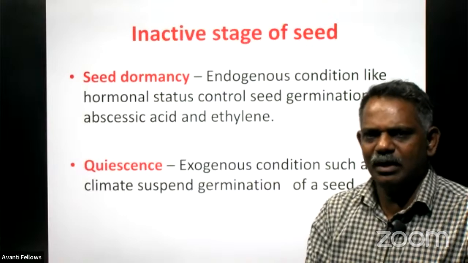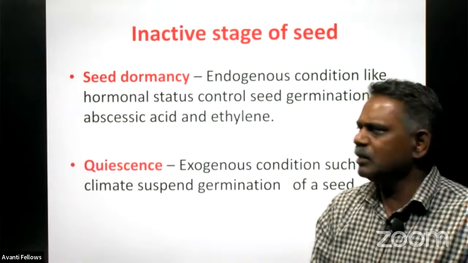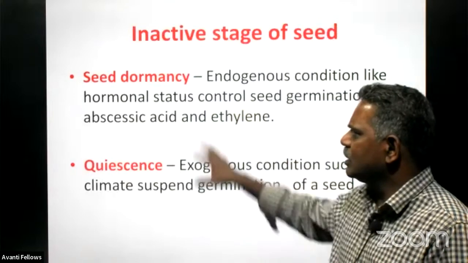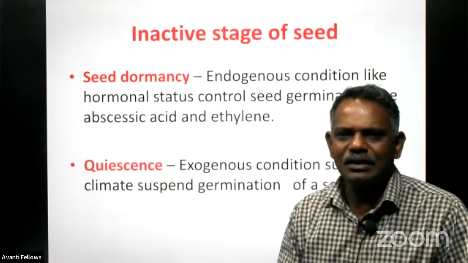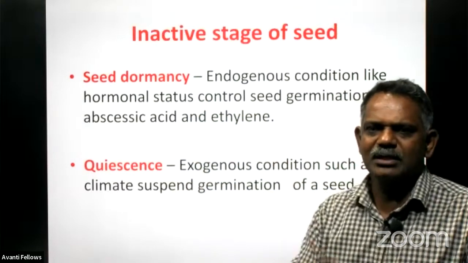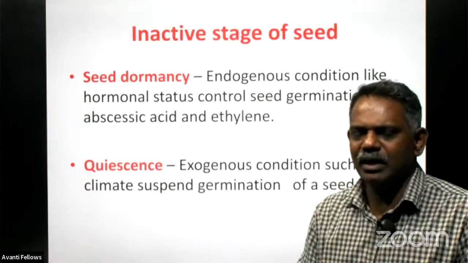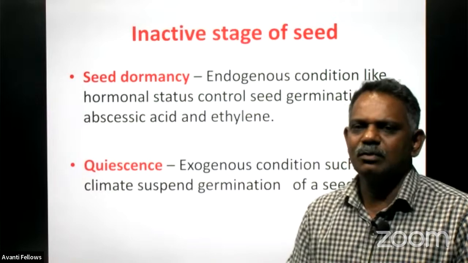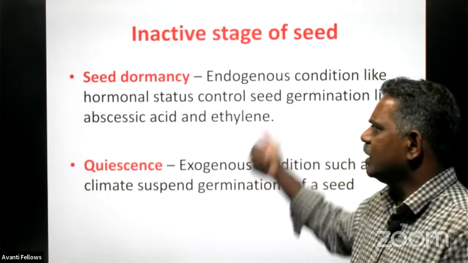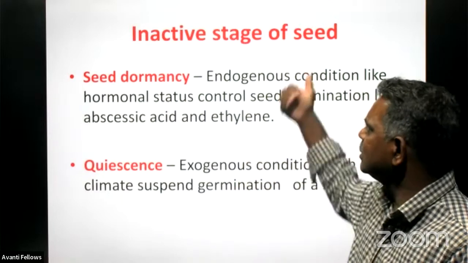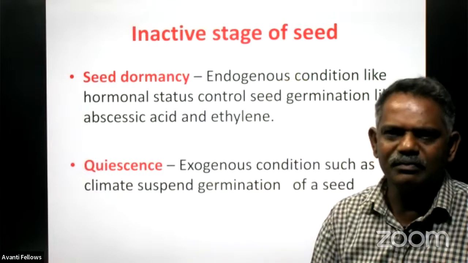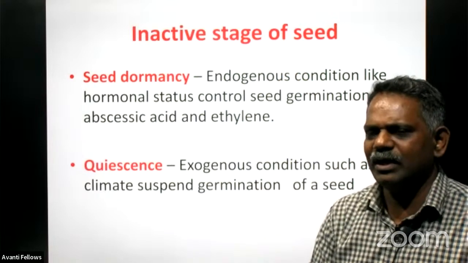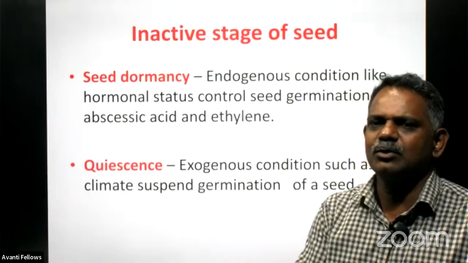Otherwise, it will be in an inactive stage only, and that we call seed dormancy or quiescence. These two concepts we will discuss after the break. Next class will start from 6:30 to 8 o'clock, so we will see this topic, seed dormancy and quiescence. These are the inactive stages of the seed after development, waiting for favorable conditions to sprout.